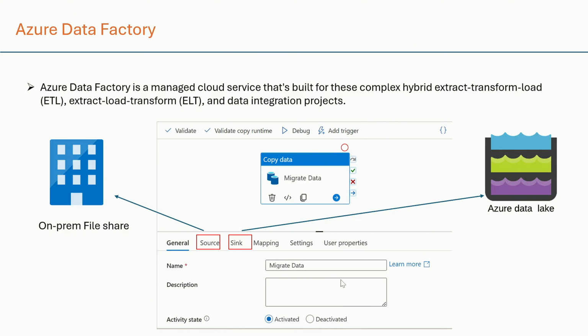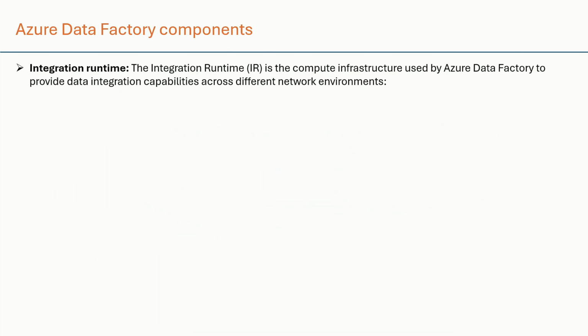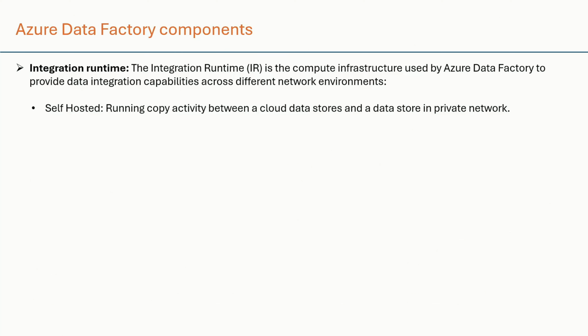But when it comes to Azure Data Factory, you need to understand three important components. Now, what are those? The first component is integration runtime. Integration runtime is the compute infrastructure used by Azure Data Factory to provide data integration capabilities. Let's understand it. In the previous example we discussed, our data is in on-premises, right?